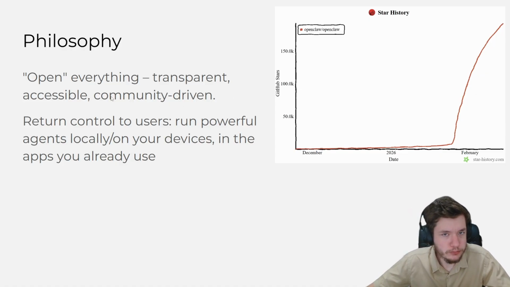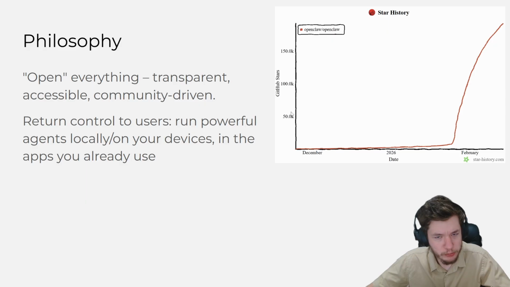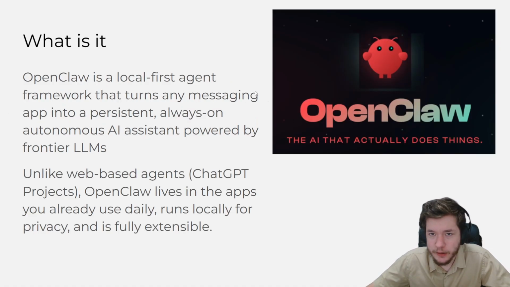So it blew up in January/February. And its philosophy is basically open everything: transparent, accessible, community driven, and it returns control to users, from powerful agents running locally on your devices, using apps you already use like Telegram, WhatsApp, and things like that. And what is actually the software that we're talking about?